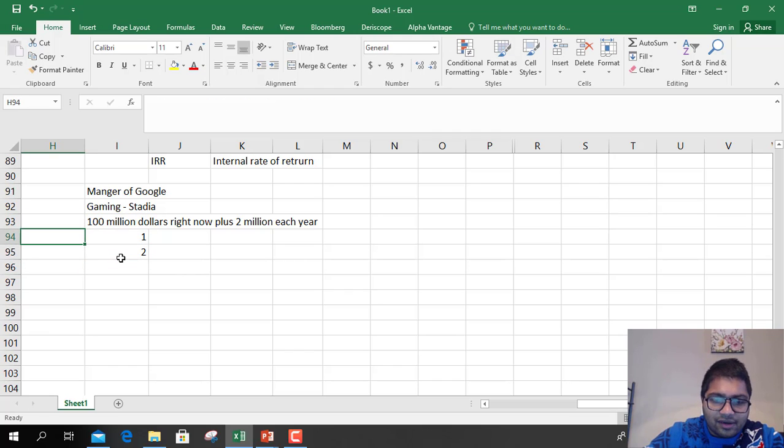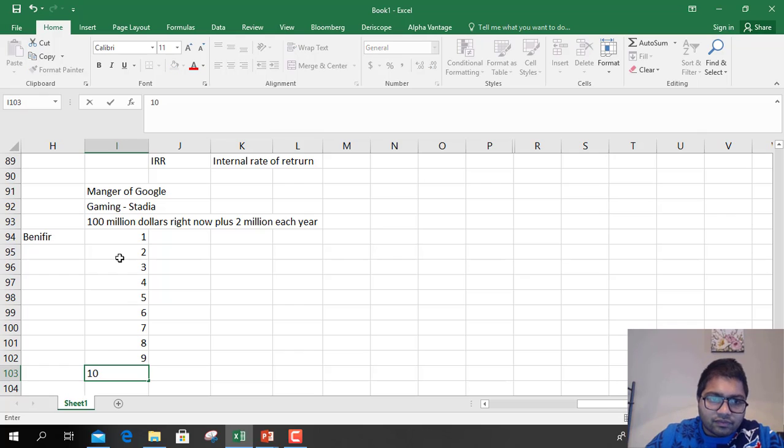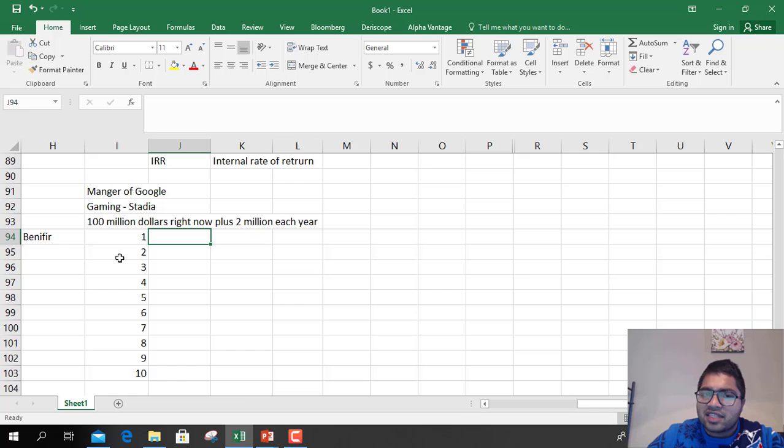The benefit profile is as follows: years 1, 2, 3, 4, 5, 6, 7, 8, 9, 10.